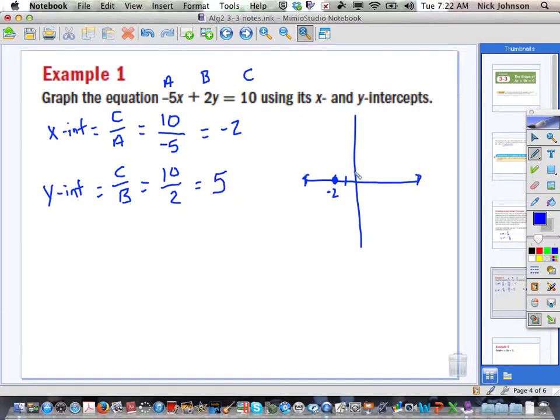So for my y-intercept, I go to my y-axis, which is up and down vertically. 1, 2, 3, 4, 5, make a point. Now I have 2 points. I can make a line, and I draw it. And that's how you graph an equation with your x and y intercepts.